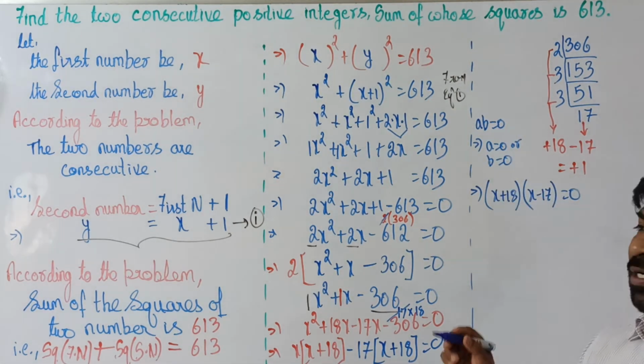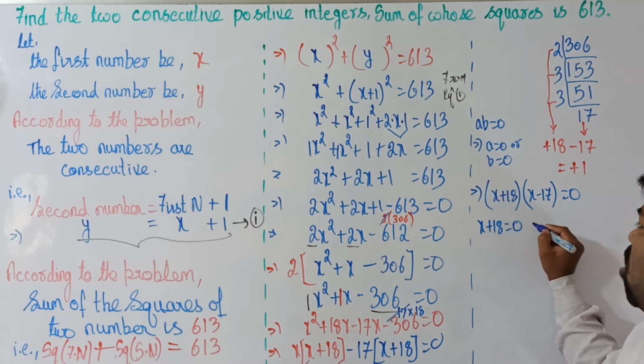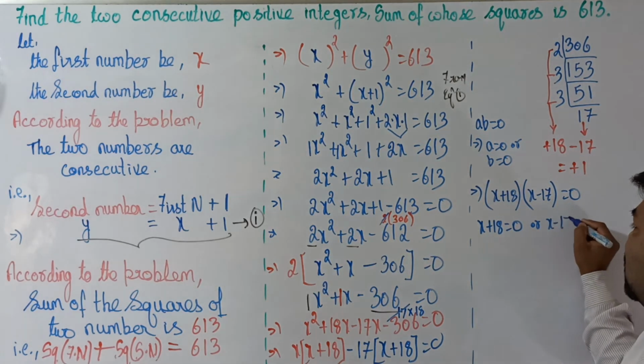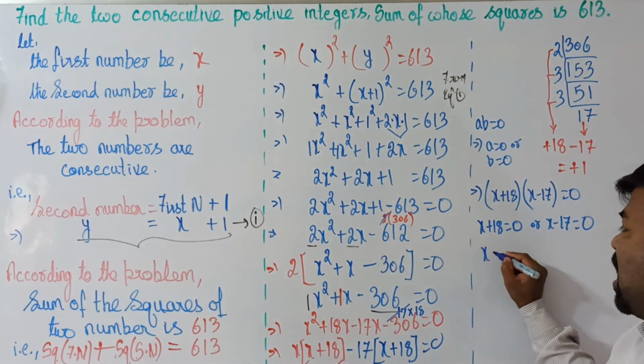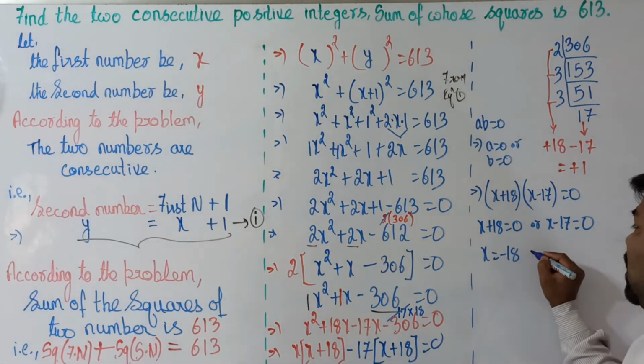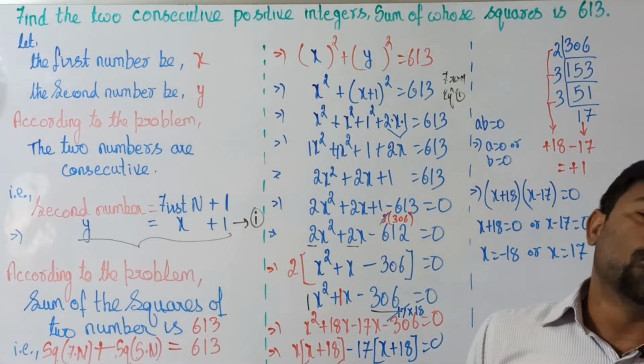By applying this property, we can say x plus 18 is equal to 0 or x minus 17 equals 0. If you simplify, x is equal to minus 18 or x is equal to 17. We got the value of x here.